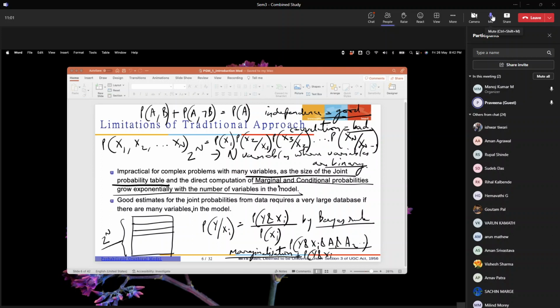And that is the reason why, if we employ graph theory also, we will be able to eliminate a large set of values where there is conditional independence. Now, what does conditional independence mean? Say, for example, the probability of someone playing game 1 is not dependent upon whether they are male or female.